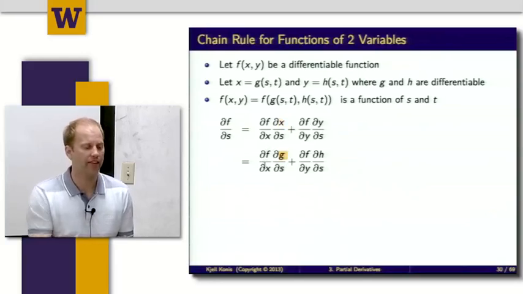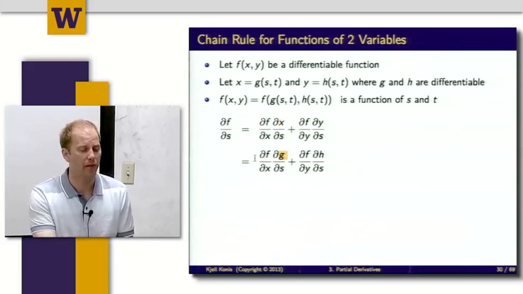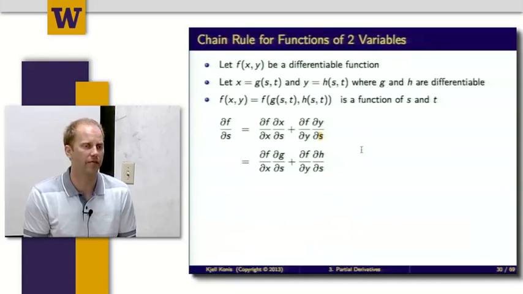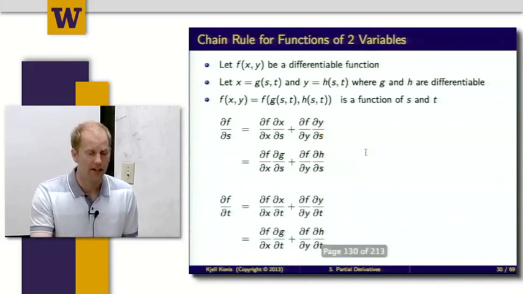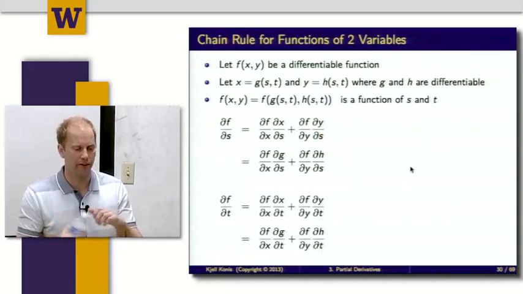But essentially, I just have to add up the partials that give me my partial with respect to s. So I take the partial of f with respect to x times the partial of x with respect to s, and I add that to the partial of f with respect to y times the partial of y with respect to s. That captures all of the dependence of my function f on the variable s. And then I can do exactly the same thing for the variable t.